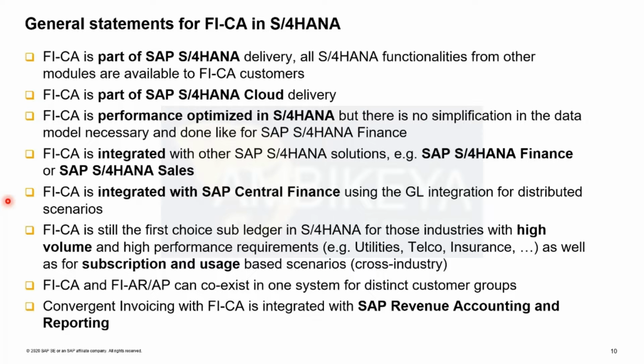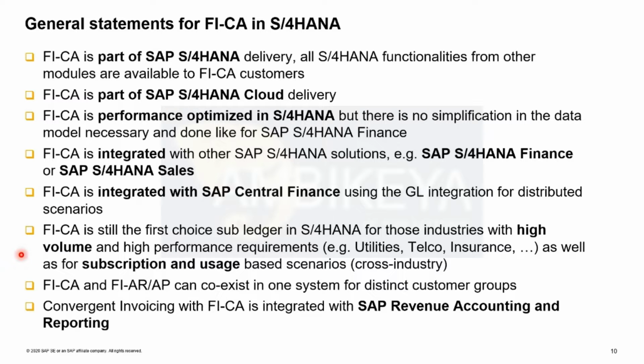You have to post all the postings from FICA into a local general ledger, and from there you can distribute those postings into central finance. But the subledger documents, the FICA documents, cannot be distributed using central finance technology.